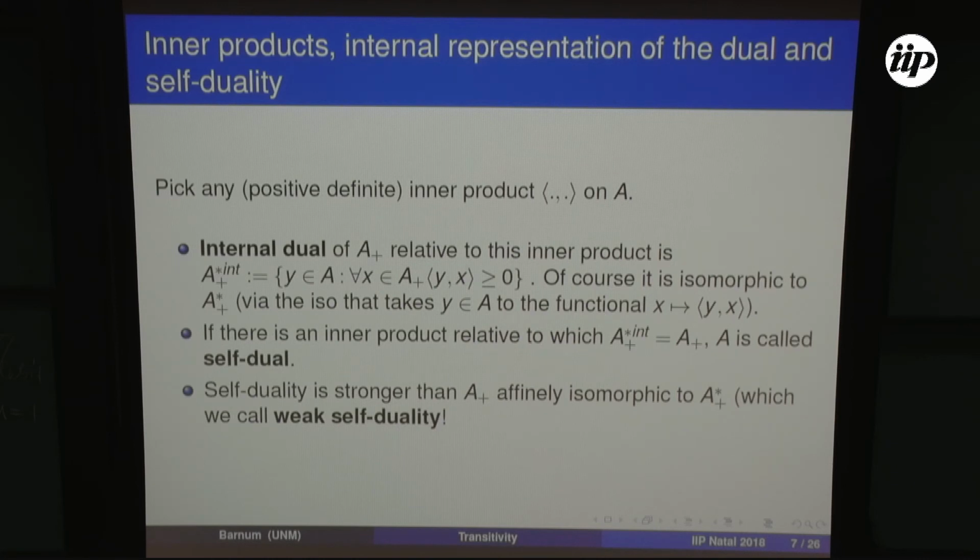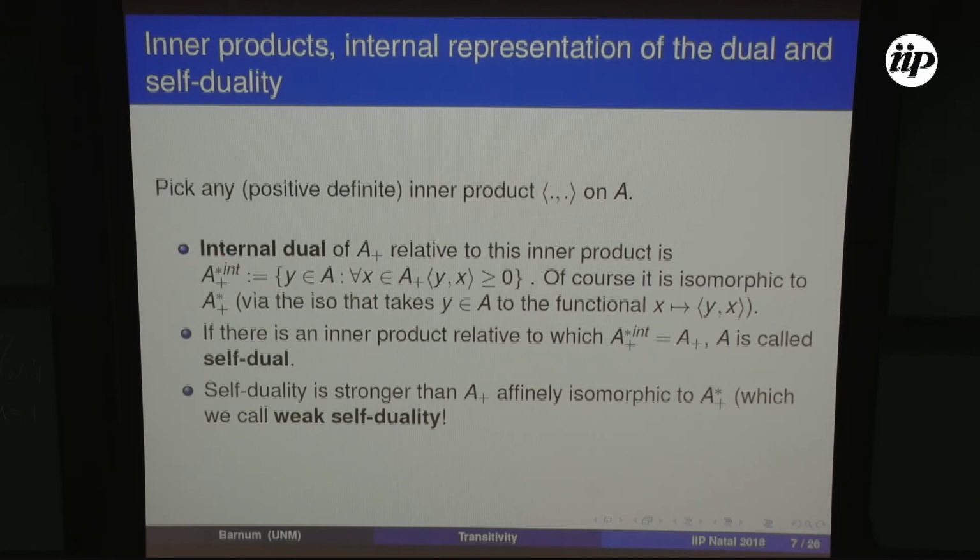Another common way to formulate these sorts of theories is, instead of explicitly talking about the dual space, and I'm going to be in finite dimension the whole time, so the dual space is isomorphic to the primal space, we just pick any positive definite inner product on the primal space and represent the dual space as the primal space, because taking the inner product with an element gives you a linear functional.